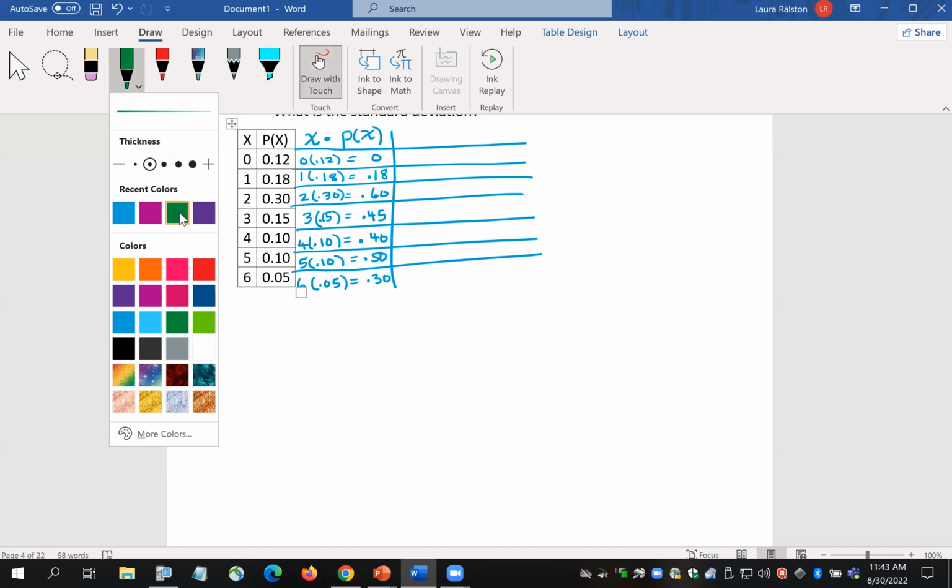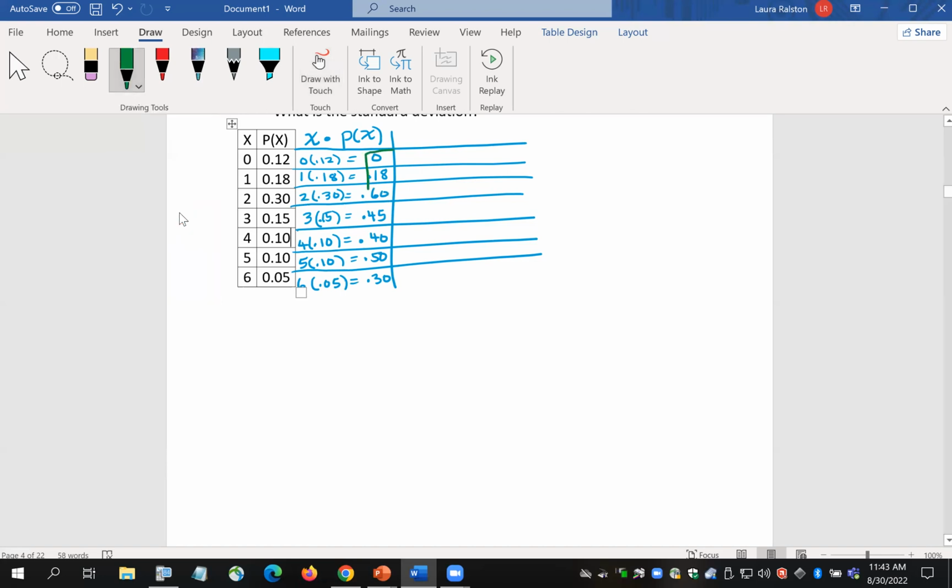The second step is to take the list of those answers and add them together. So I'm going to add these up. I have 0 plus 0.18 plus 0.60 plus 0.45 plus 0.40 plus 0.50 plus 0.30. I definitely want to get my calculator out for that.